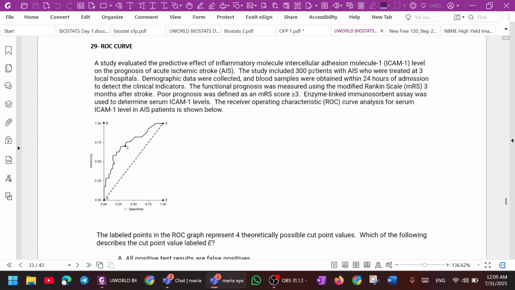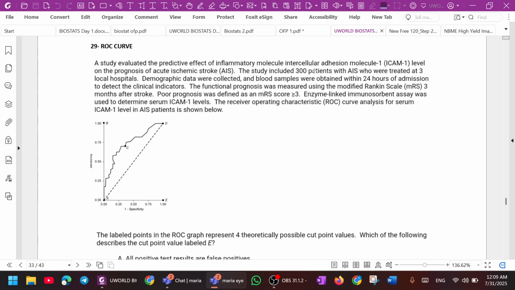A study evaluated the predicted effect of the inflammatory molecule intercellular adhesion molecule, ICAM, level on the prognosis of acute ischemic stroke. The study included 300 patients with acute ischemic stroke who were treated at three local hospitals.